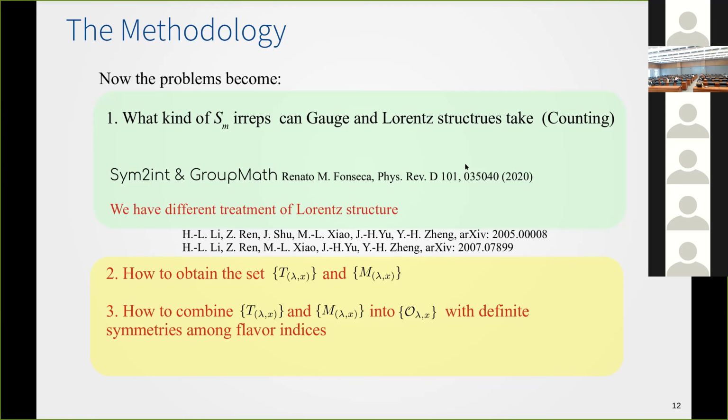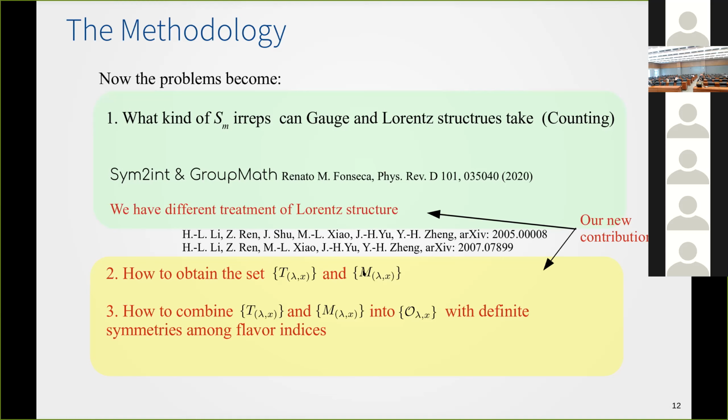So our work first revised their method to find the permutation symmetry of the Lorentz structure. And what's more important is that we are able to write down the explicit form of them, and simultaneously combine them.